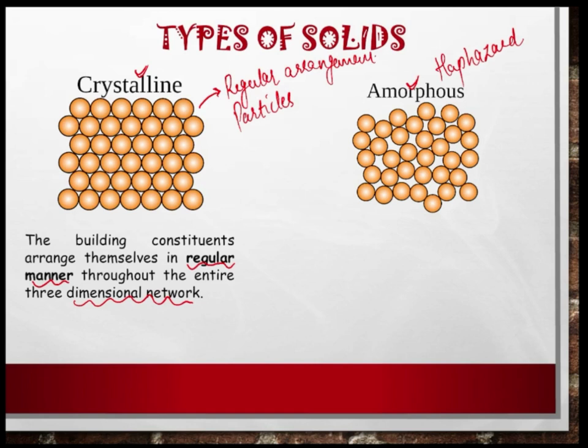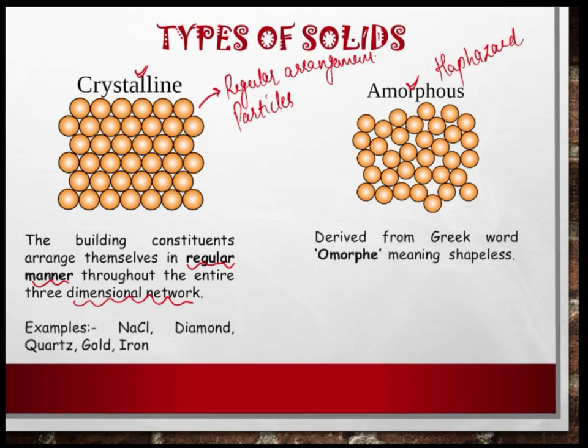Whereas amorphous comes from the word amorphy, meaning shapeless. So the definition is a solid with no regular but a haphazard arrangement of building constituent particles.